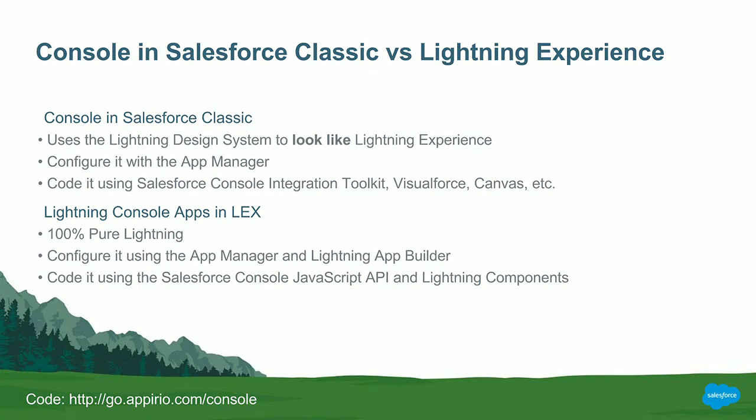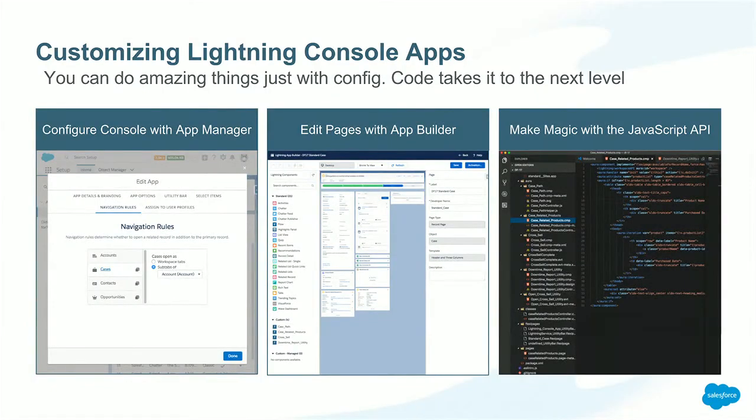So for coding, I'll skip to the next screen here. I know it's hard to see, it's quite fine-grained, but basically these three big blobs that you see in front of you, the two on the left are config options, what you can do with clicks, declarative stuff. And then on the right, that's your coding option.